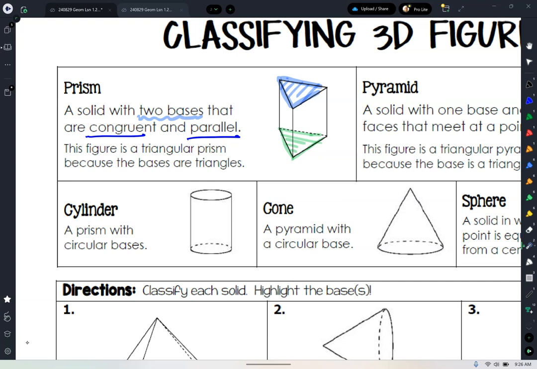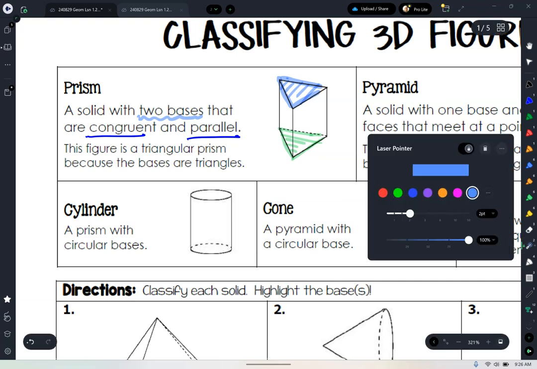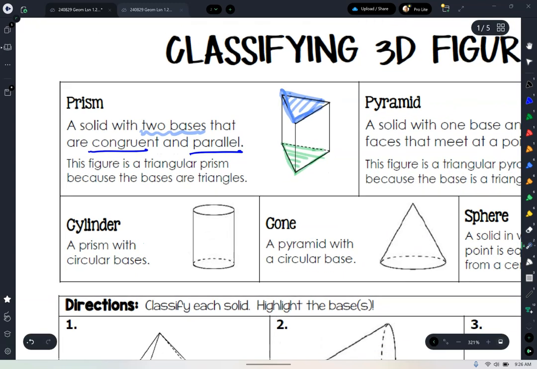Okay, well, these are two-named shapes, okay? Their first name is going to be the shape of the planes that make up the base. Their last name is going to be their classification. So in this particular case, what shape are these two bases right here? Those are triangles, right? And what kind of shape is this that has two bases?